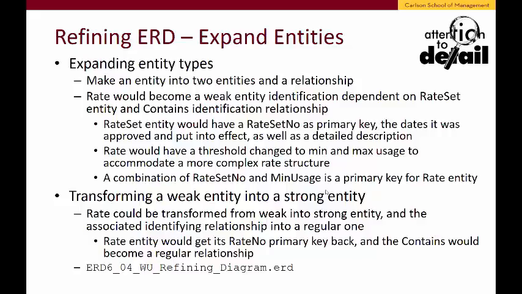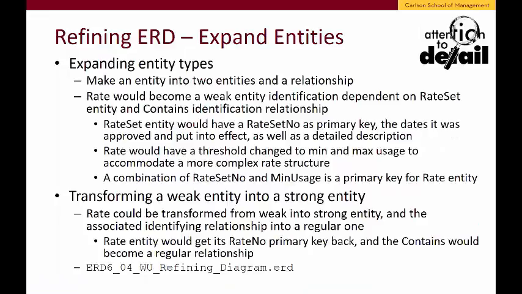Okay, so we're going to pause here, and then in the next recording we're going to actually implement this entity expansion and entity transformation from weak into strong on the water utility example.